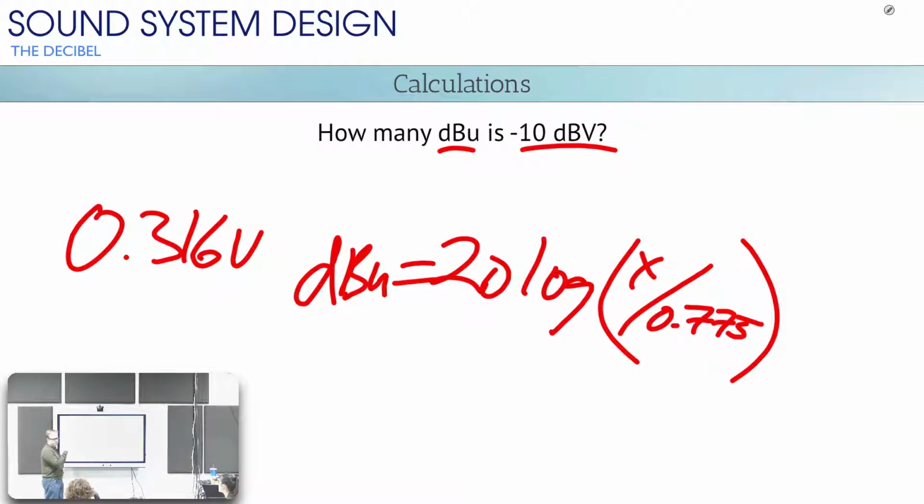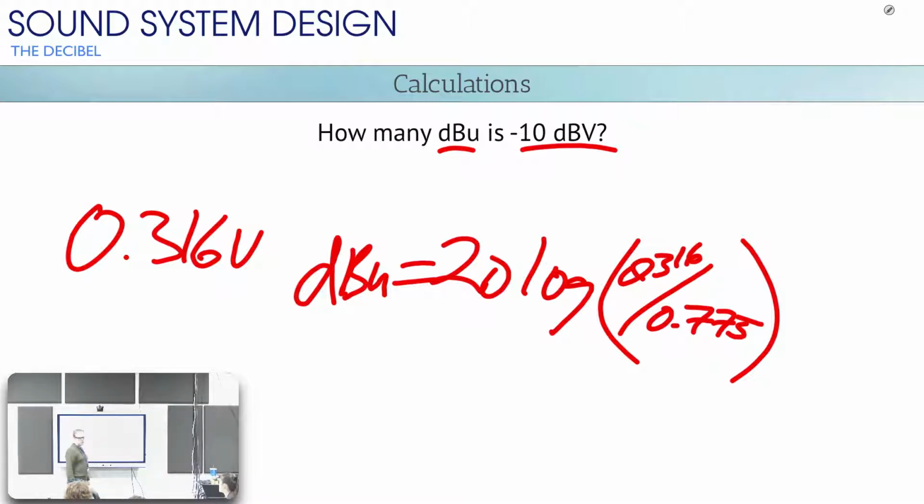When we did it before, I did it backwards. Sorry. So all I have to do is take this voltage value and put it in for x. I thought that number looked funny when it came out. So 20 times log of 0.316 divided by 0.775.